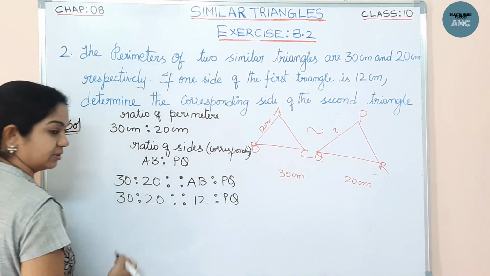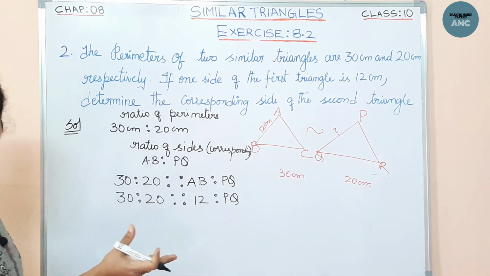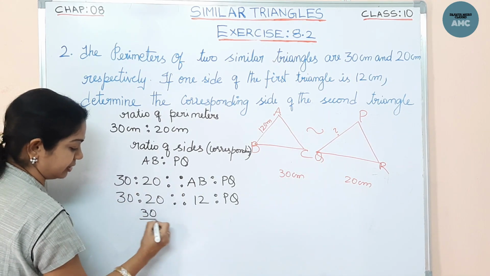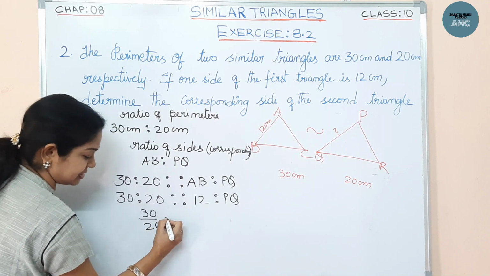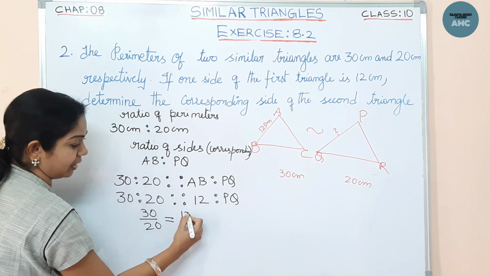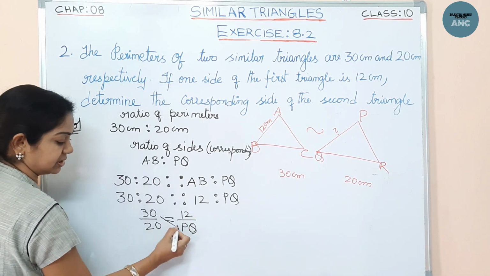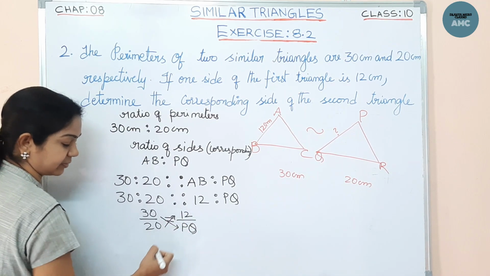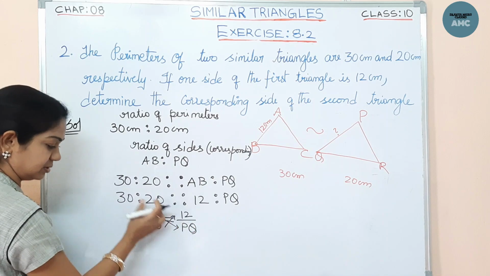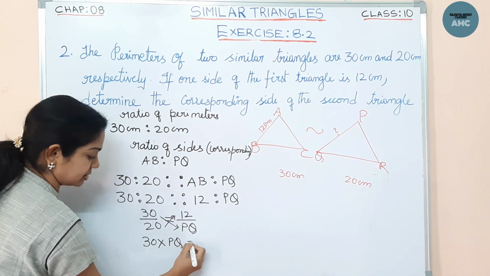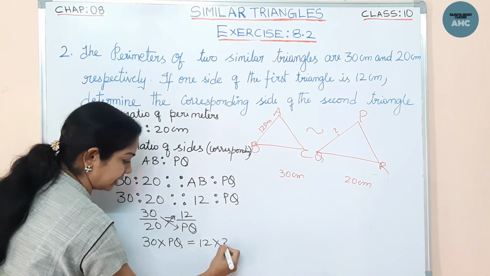Now we will write the ratios in the form of division. Ratio means 30 by 20. In proportion means equals 12 by PQ. Now just cross multiply. 30 into PQ is equal to 12 into 20.